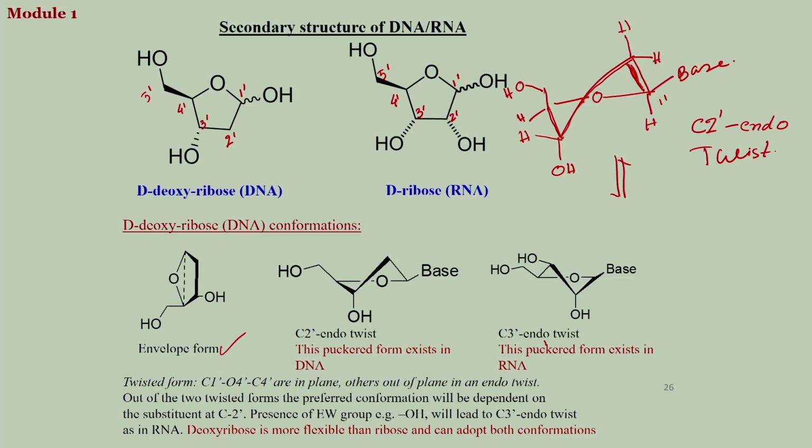The same thing, if you twist it back, if you twist it at the 3 prime end, then it will look like this. This is bold because it is in front of you, it is towards you, and here is the base. And this is the 3 prime. So, you have twisted it in the 3 prime position. Now, the base is up the plane, and up the plane in this case is axial.